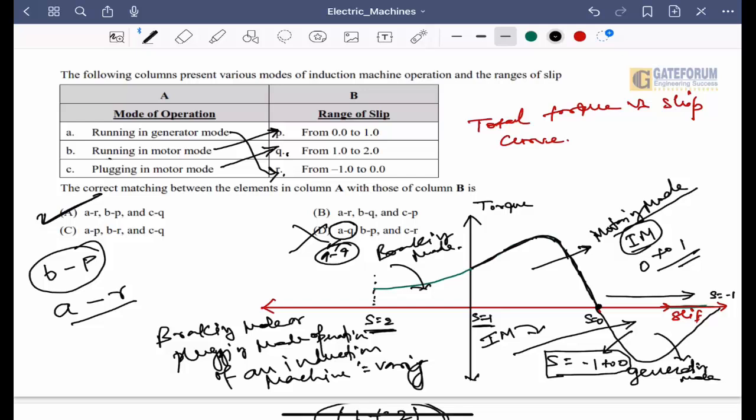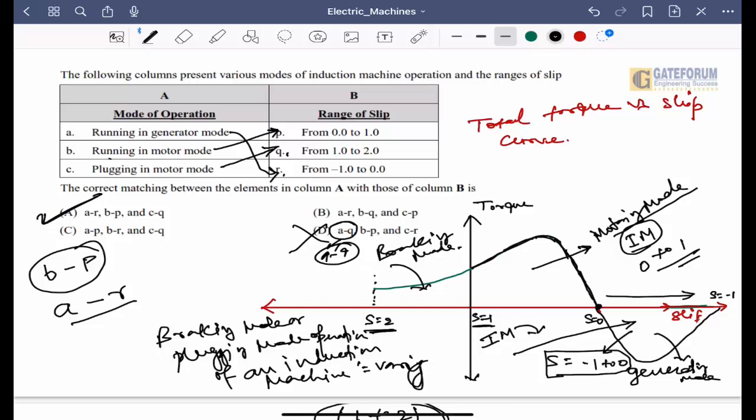If we know that the induction machine running in motoring mode has slip varying from 0 to 1, then we should match with P. So options B and C can be eliminated, and you cannot make a mistake between B and C. Then there will be 50-50 chances between A and D. So this is the way we can answer.